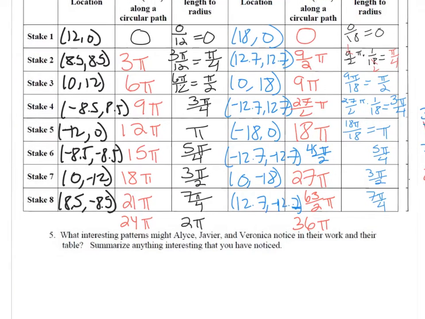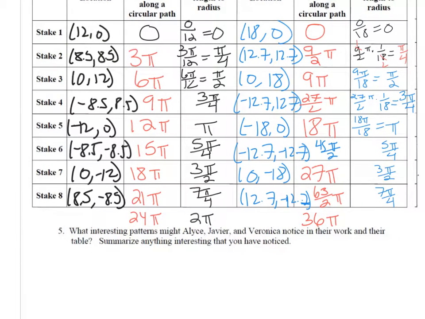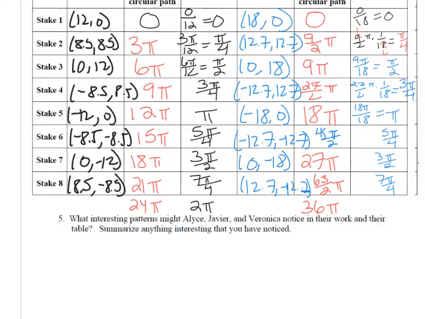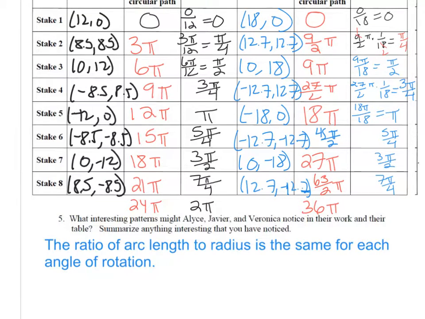Okay. What interesting patterns might Alice, Javier, and Veronica notice in their work and their table? We're going to pause the video here and give you 3 minutes to summarize any interesting pattern that you see in the table above. Okay, so hopefully you notice that the ratio of the arc length to the radius is the same for each angle of rotation around the circle that we did for the stakes.